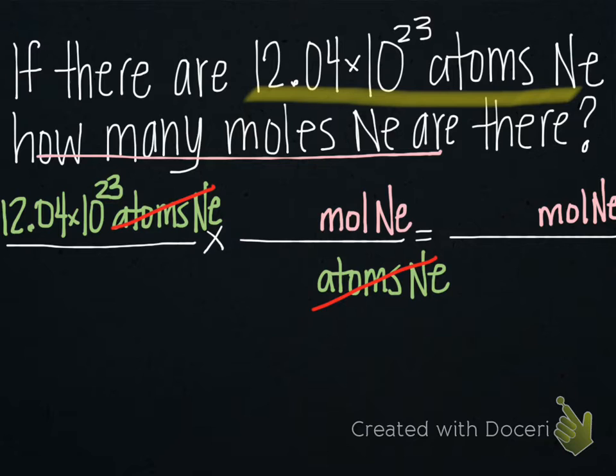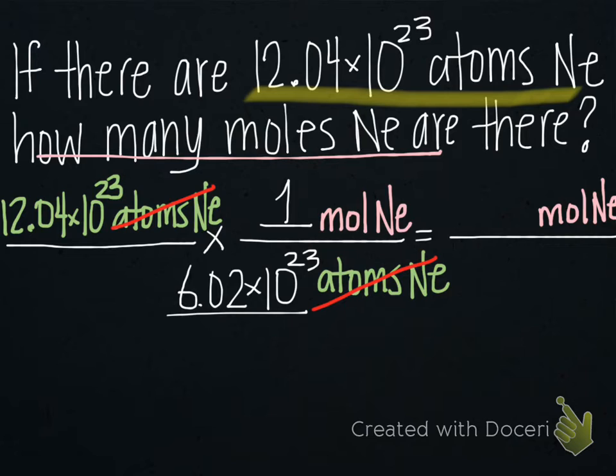You should have found that 1 mole of anything is always 6.02 times 10 to the 23rd, no matter what you're counting. People, basketballs, neon, carbon, hydrogen, always this number.